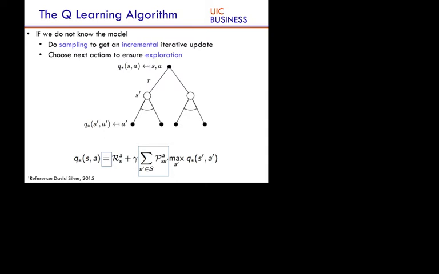Also, I'm going to change this iterative update that I was talking about in the previous slide to an incremental iterative update. I'm going to do a slightly slower update. We'll see the update pretty soon. The second thing is we'll have to do some exploration, because let's say I start with some Q values and I do an iterative update.